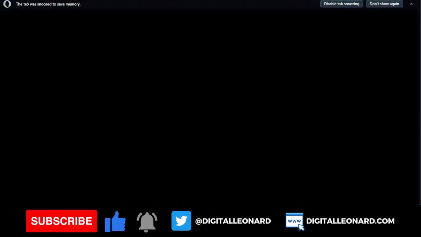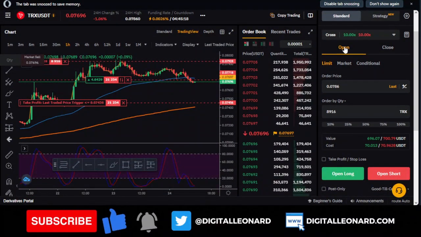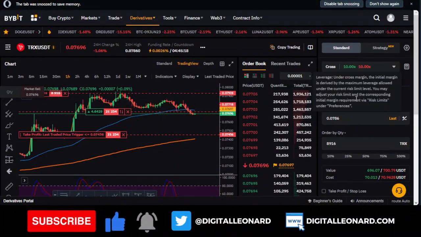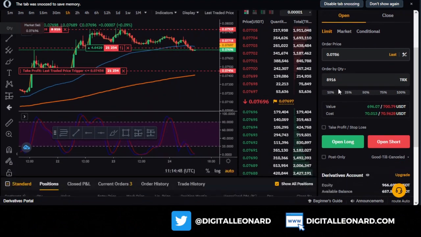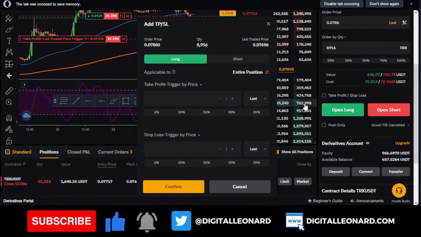When we go to the futures trading option, you have that option when you are opening a trade to set stop loss and take profit. Let's say I want to enter this market here. You see where it says take profit and stop loss. You need to check on it, or click on it if you are using the app.